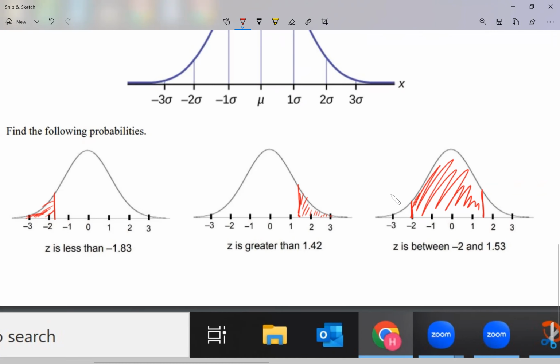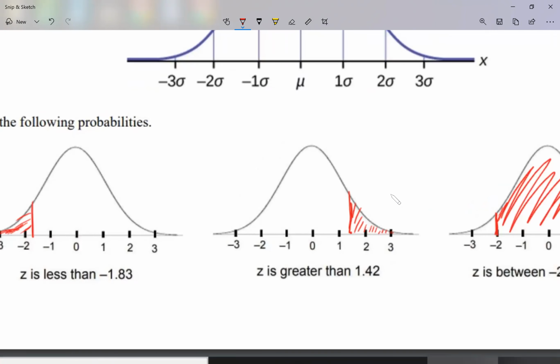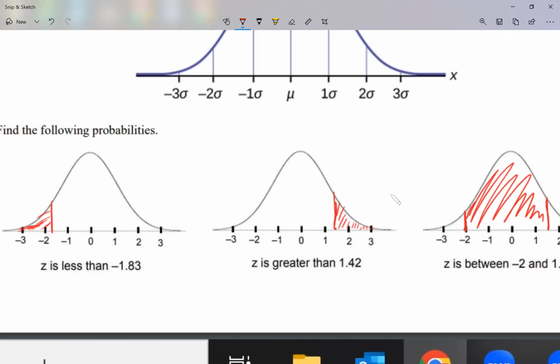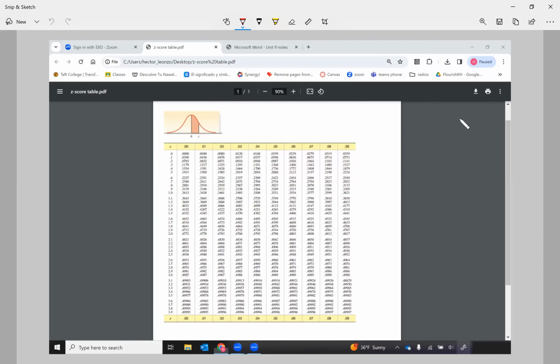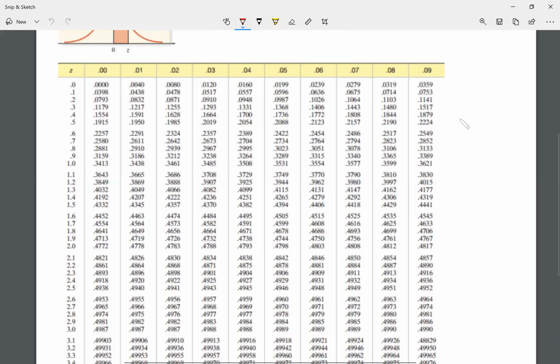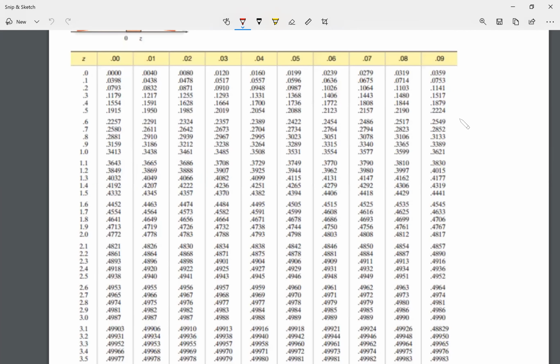Now, for us to figure this out, let me do the one in the center first. Notice how the decimals that I gave you have two decimal places. For this, I'm going to be using this chart right here. How do we read this? This is for the Z-scores.